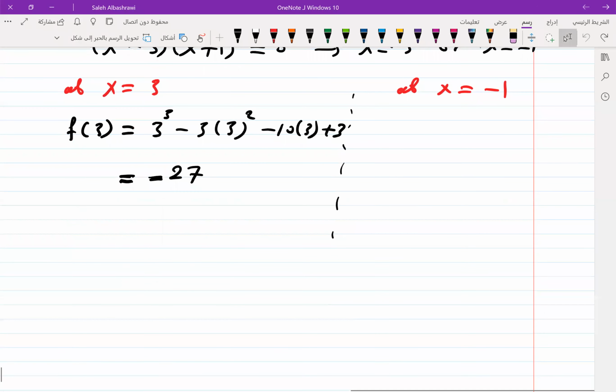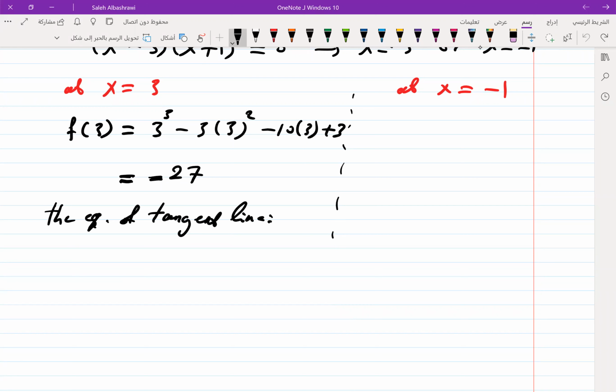which means the equation of the tangent line in this case will be y equal to m2 times (x minus 3) plus f of 3.